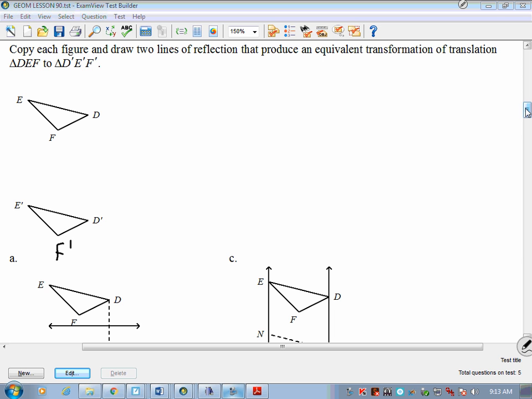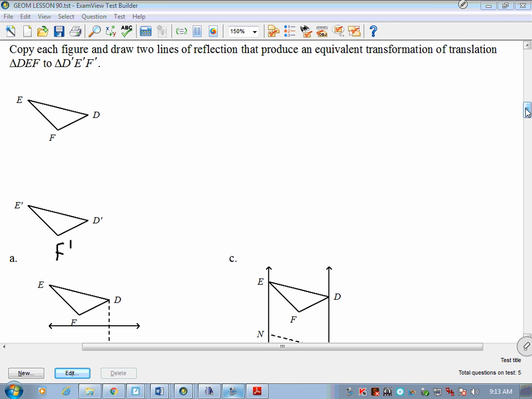What kind of transformation does it look like? Does it look like a translation, a reflection, or rotation? Somebody says reflection. So if I draw a single line here, it looks like it's been flipped. It looks like a translation, right? Okay, so it looks like a translation, but they tell me to draw two lines of reflection.